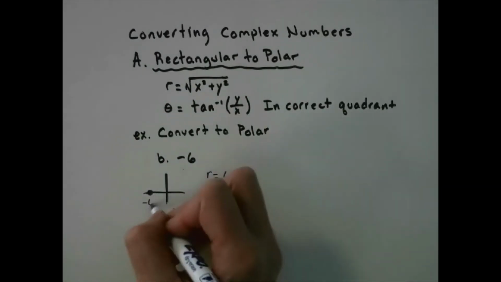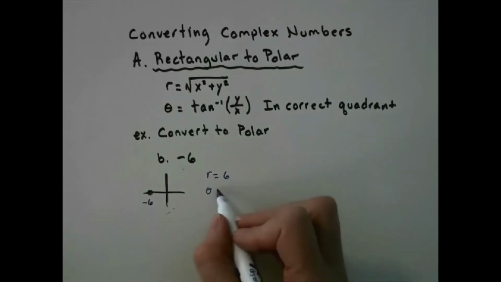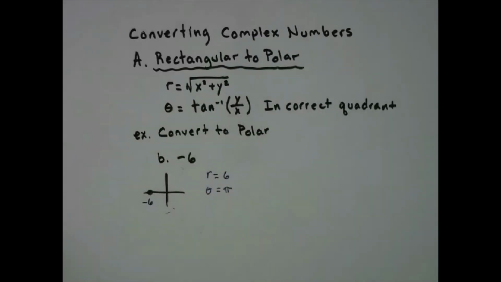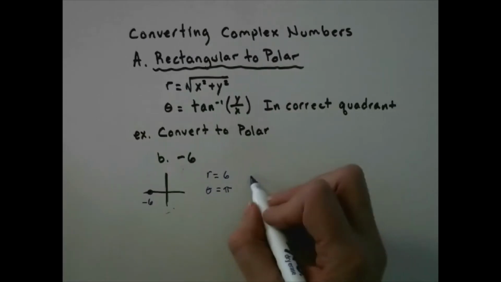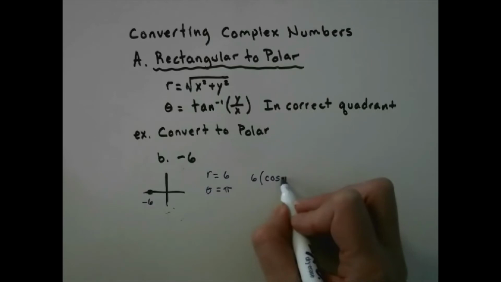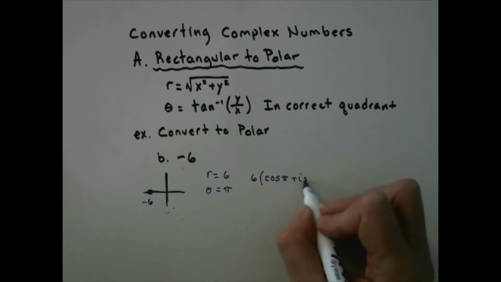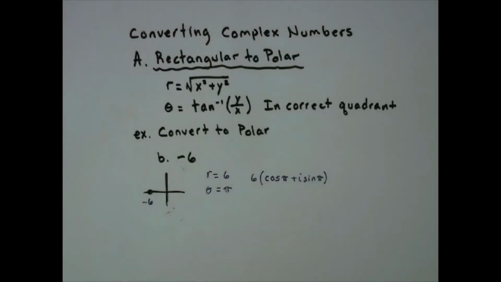Apologies. My theta is going to be the angle here, so for this, it is going to be pi. So negative 6 as a polar form of a complex number is going to be 6, then in parentheses, cosine pi plus I sine pi. And we'll get to why you would want to do this to a negative 6 shortly, but that is our answer.